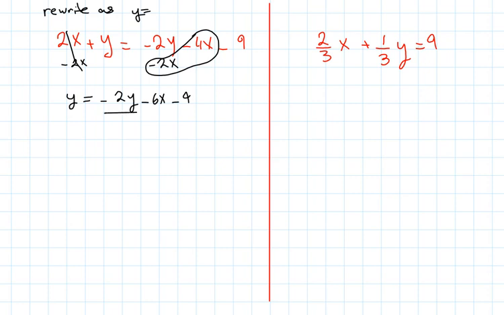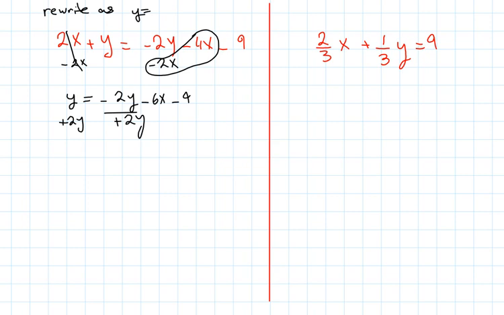Now we want to get rid of this minus 2y. So we add 2y to both sides, because remember, if you want to get rid of something on one side, you have to do the opposite operation to that entity, whether it's a fraction or a whole term like 2y or negative 2y.